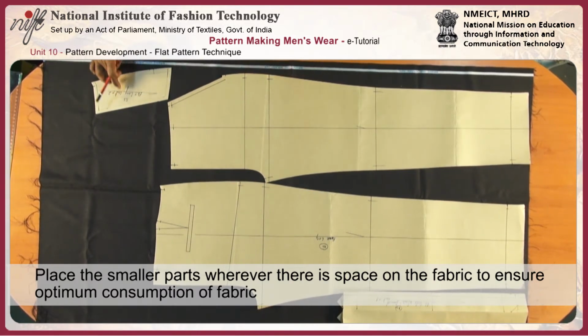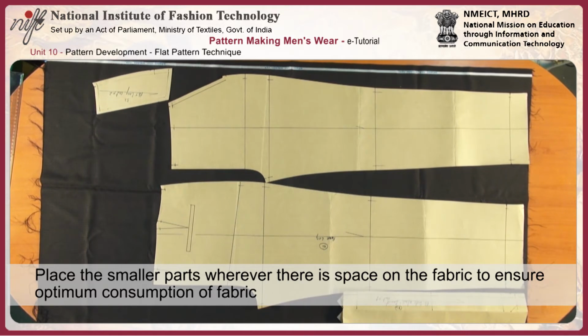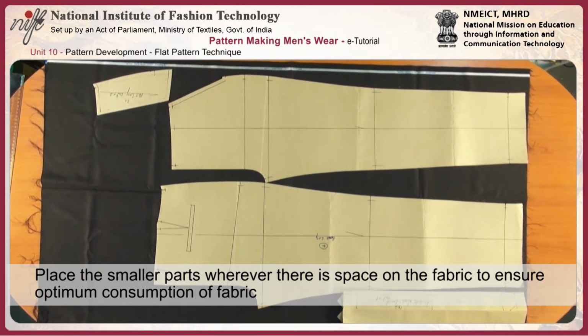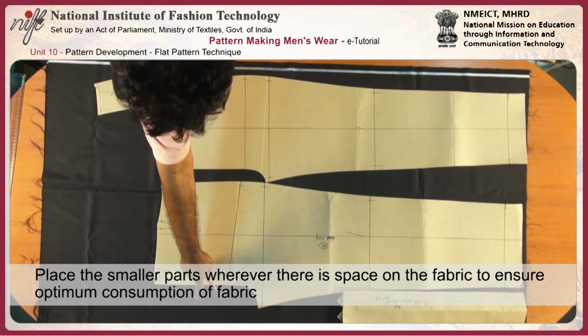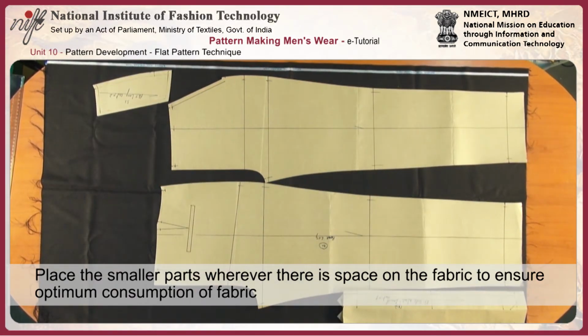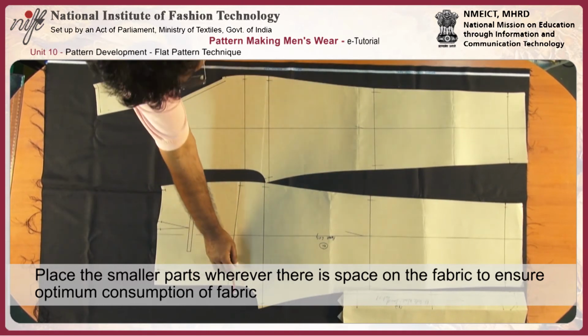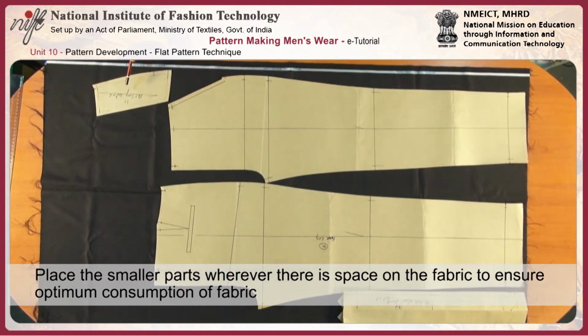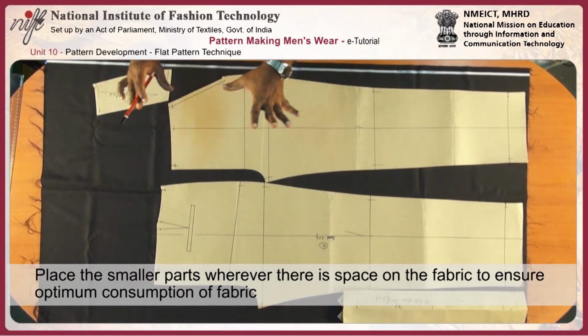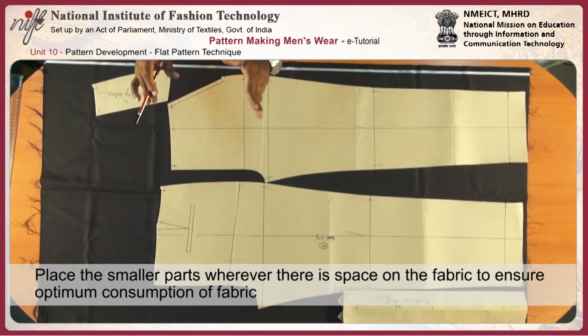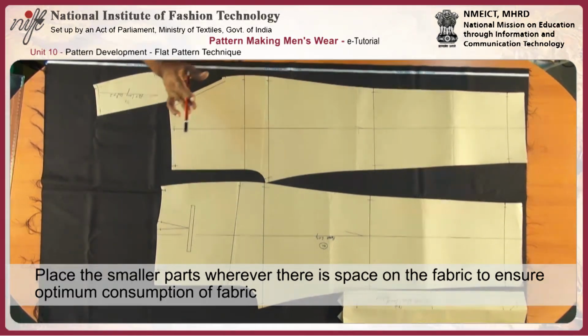See, now it's parallel to selvage. I am not able to take it, though sufficient width is available in this space, because of the grain line. If you try to accommodate it within that place, the grain will get off, which is very, very important.